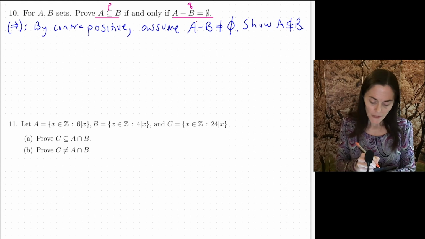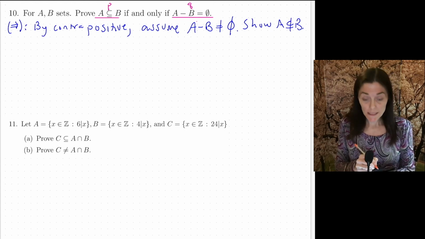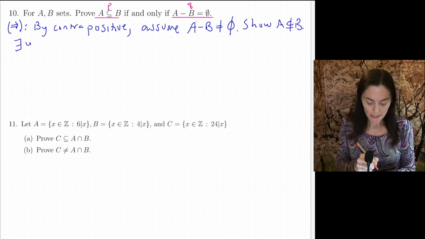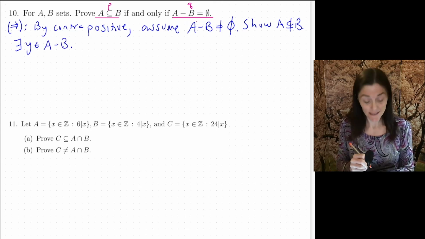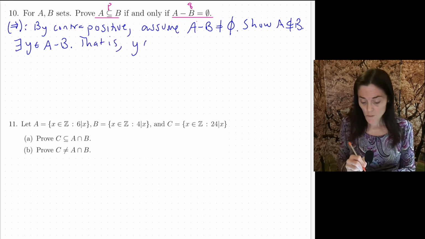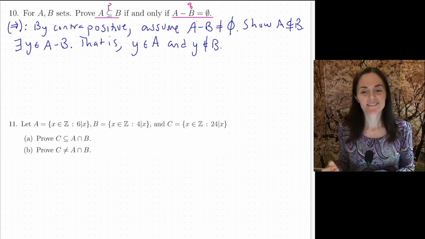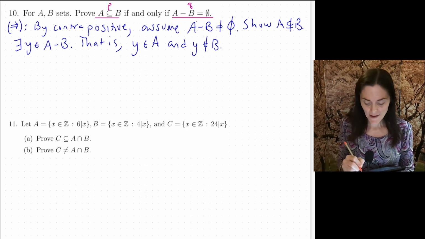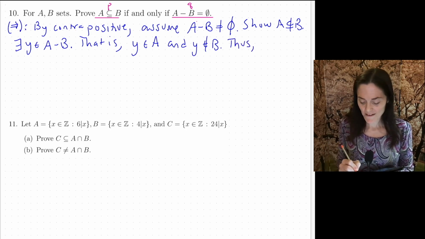Okay, well, A minus B is not empty. That means there exists, say, some Y that is in this set difference. Now, we can unravel A minus B. This says Y is in A and Y is not in B. Well, you see, we have proved what we want here.